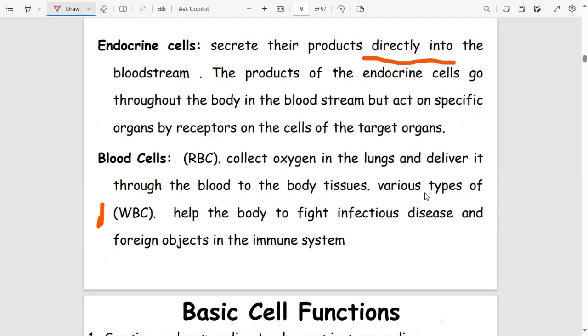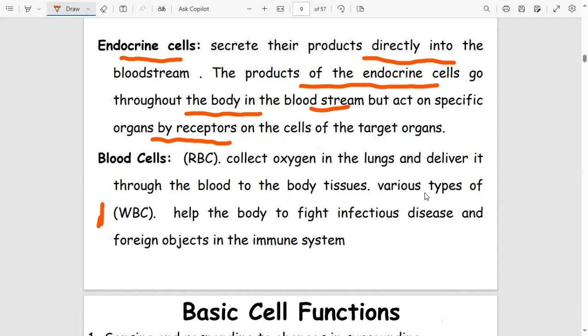Remember, the exocrine were secreting into the ducts, and then the ducts would take it to the target organ. But when you look at these endocrine glands, they will secrete directly into the what? The bloodstream. The products of these endocrine cells go throughout the body in the bloodstream, but can act on specific receptors on the cells of their target what?